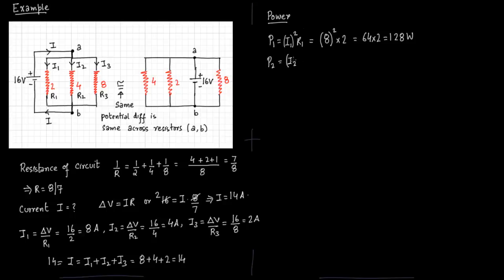Power through resistor 2 would be I2 square times R2. So this is 4 square times 4, 16 times 4, 64 watts. And P3 is the power through resistor 3, I3 square times R3, that is 2 square times 8, 4 times 8, that is 32 watts.